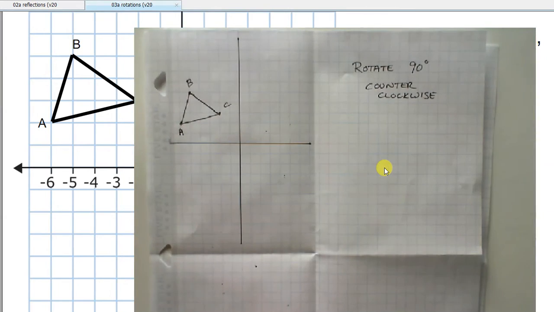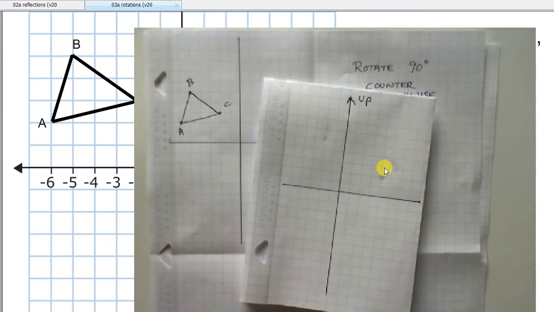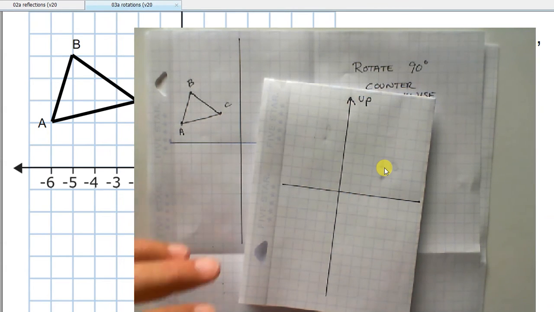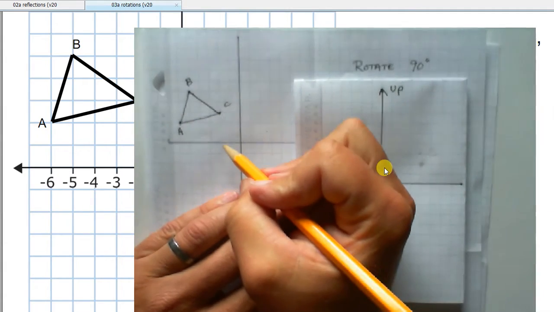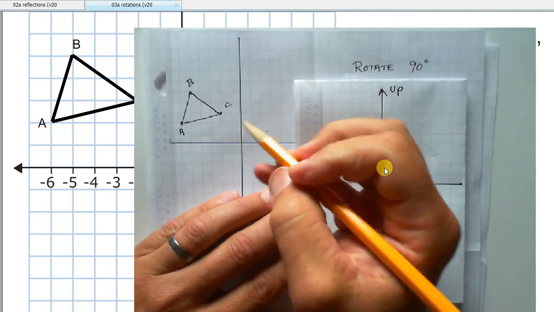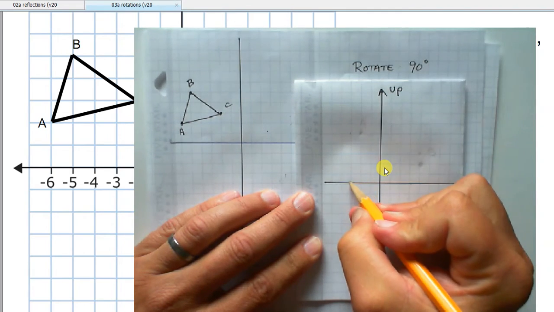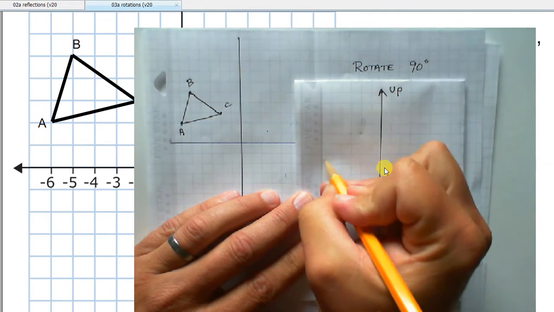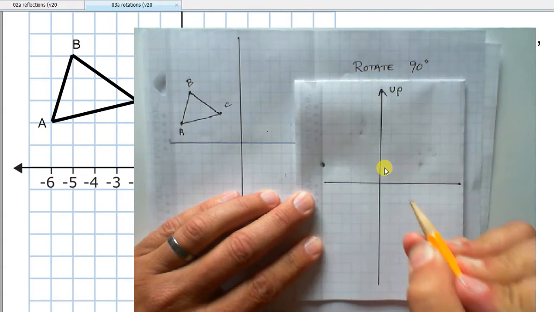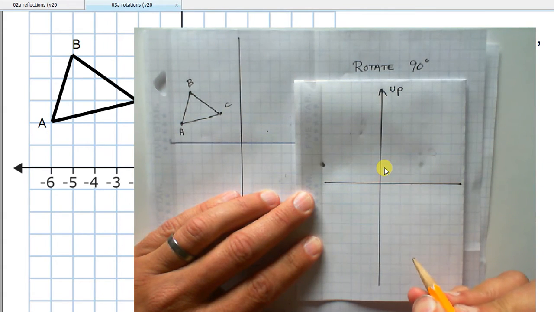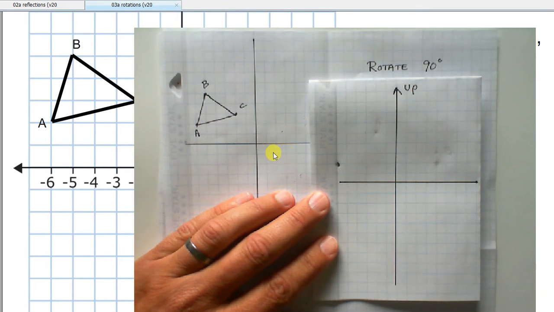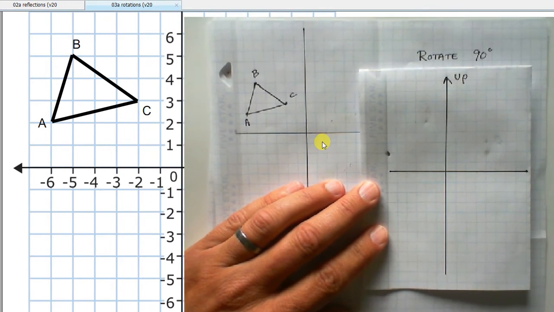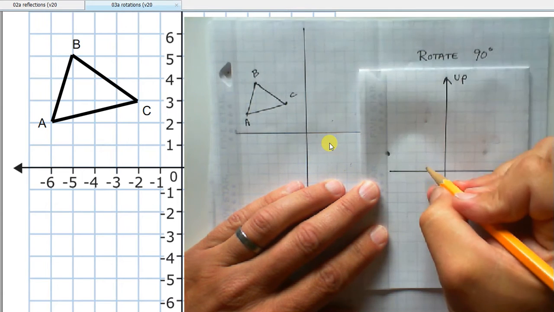I get my little piece of paper, and I plot the exact same triangle. So this was at -6, 2, 1, 2, 3, 4, 5, 6, 2. And what's that one at? -2, 3.